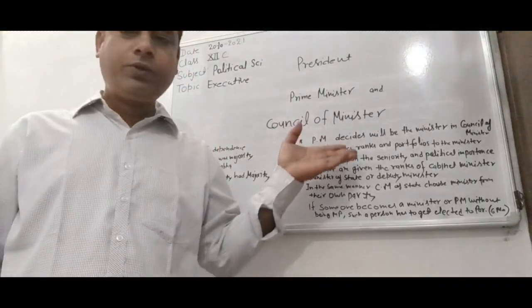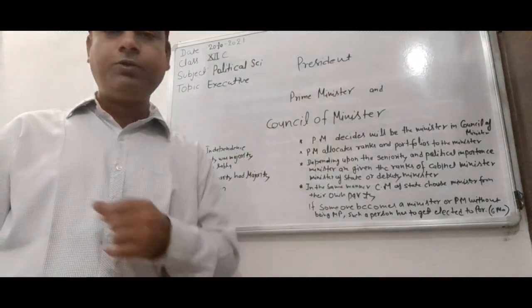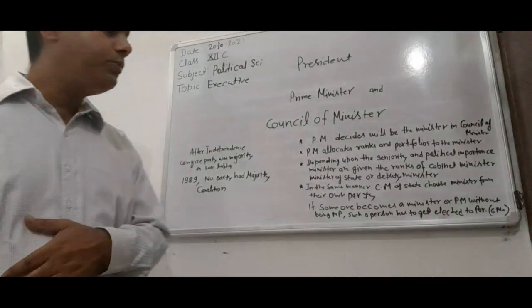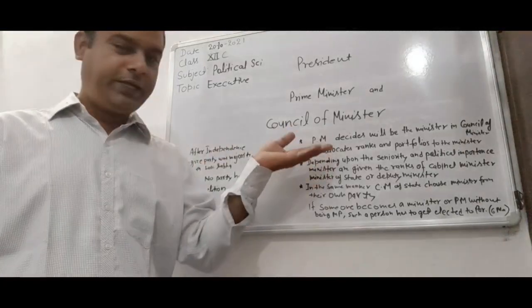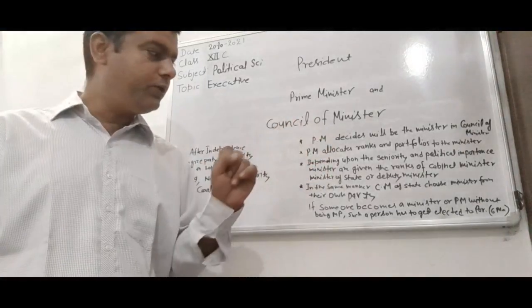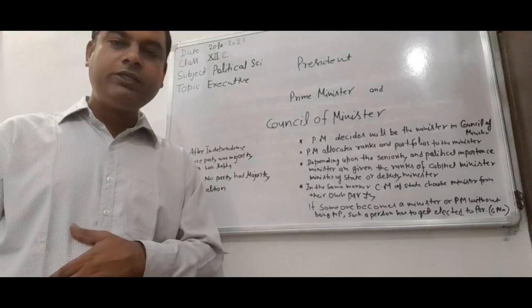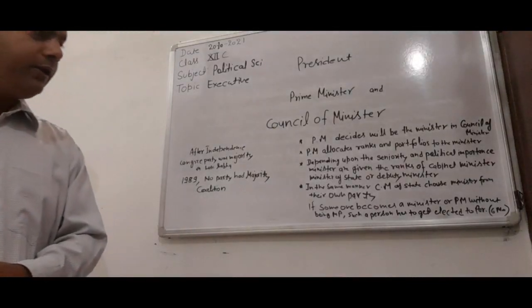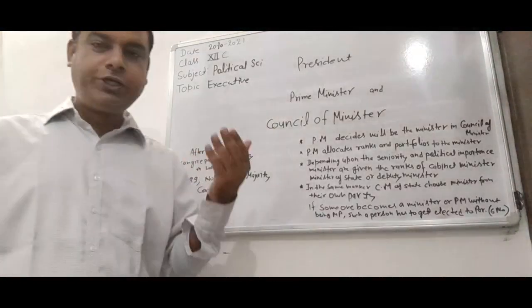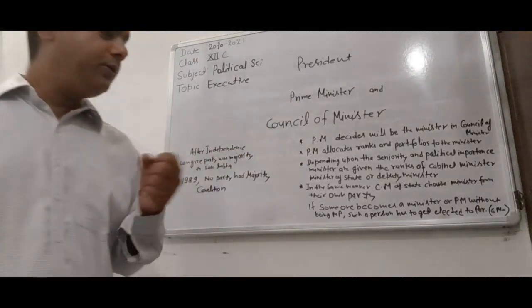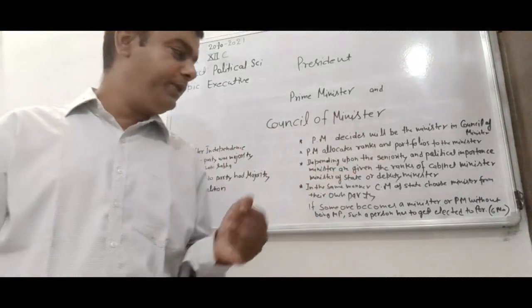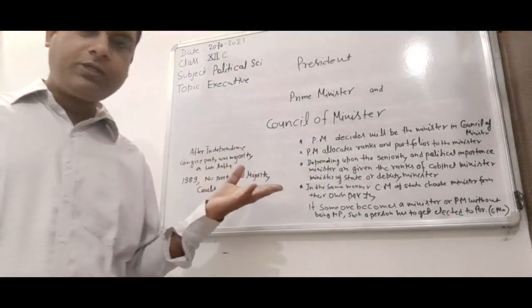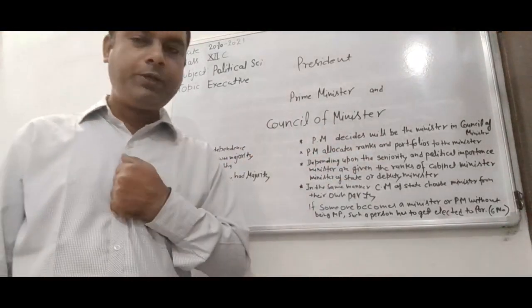The PM allocates ranks and portfolios to these ministers, and depending upon seniority and political importance, the Prime Minister gives them the rank of cabinet minister, minister of state or deputy minister.